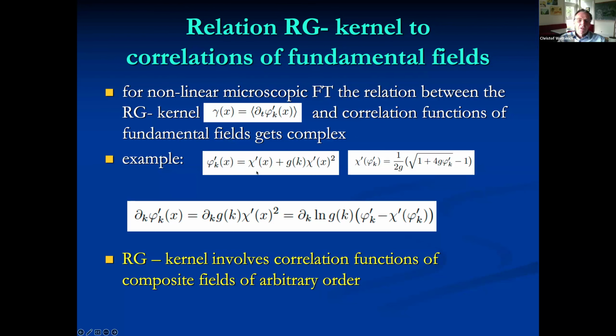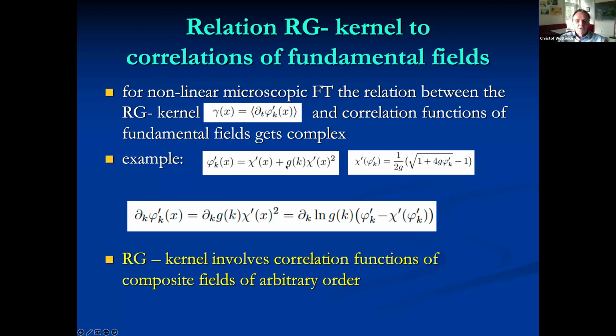I'll give you again a very simple example. Let me take phi prime is chi prime plus some small part g of k times chi prime squared. So really something pretty straightforward, pretty simple. You can, of course, get chi prime from phi prime. This has now a square root. This is pretty trivial. And now you can, of course, compute what is the k derivative of phi prime.